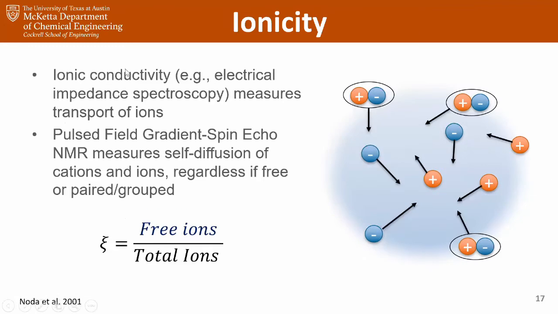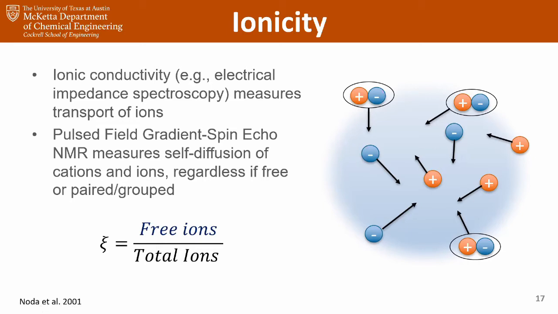And the way that this has been beautifully measured is by using impedance spectroscopy to get the ionic conductivity, which tells us about the transport of just the ions. So just the ones that are not paired, right? So anything that's charged will contribute to the ionic conductivity. And then using pulse field gradient spin echo NMR to measure self-diffusion of cations and anions.